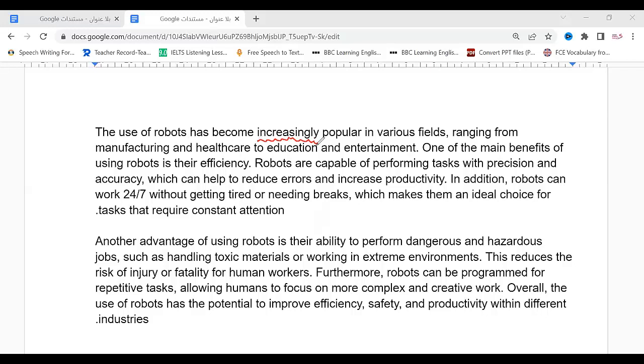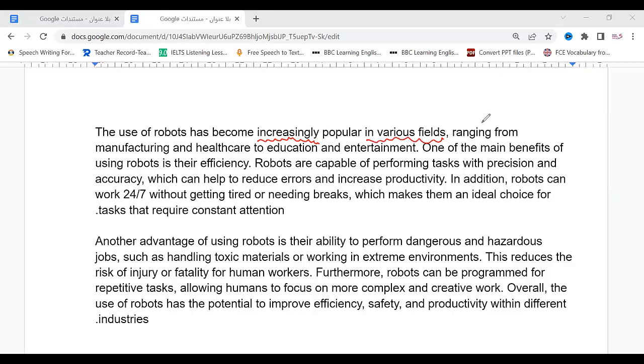Look at the word increasingly, and "in various fields." The second student said what? "All kinds of fields." Kinds of fields is very weak. So the use of the words increasingly popular in various fields is better.